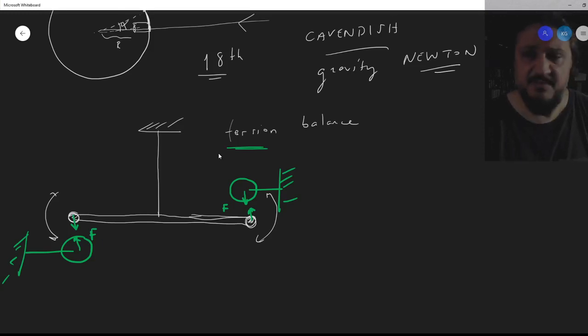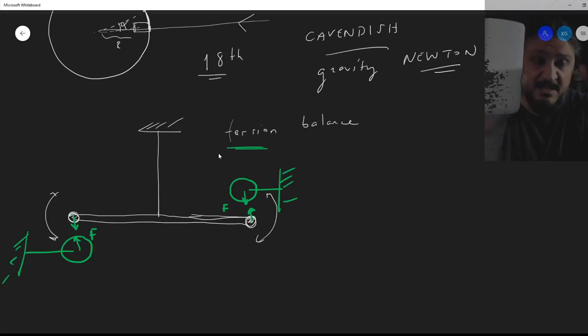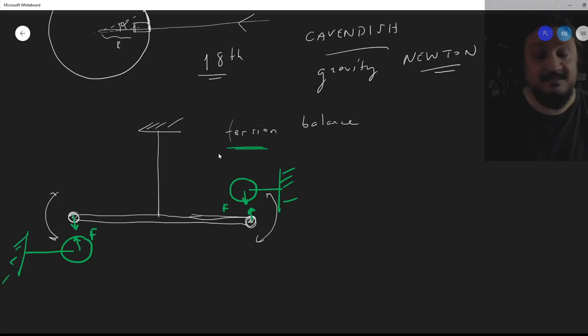He did this experiment, and he knew what the force between those balls and the Earth were. I mean, you can't feel the force between these two objects, but if you replace one of them with a large object as large and massive as the Earth itself, you start feeling the force, right?